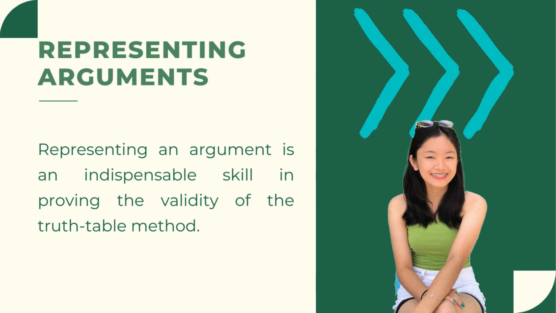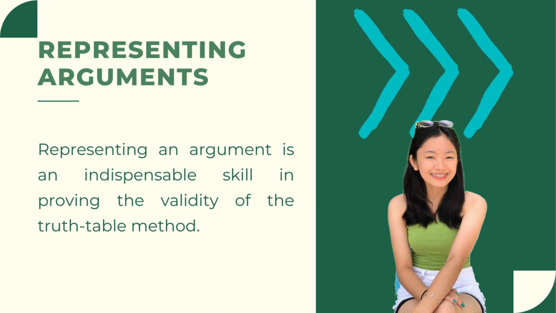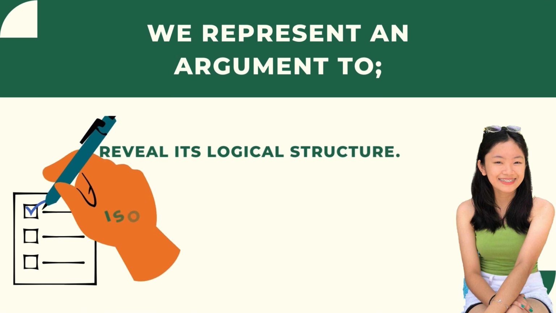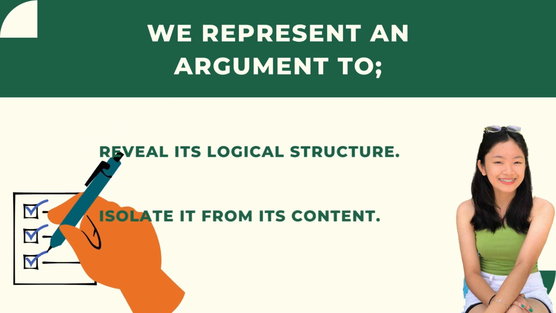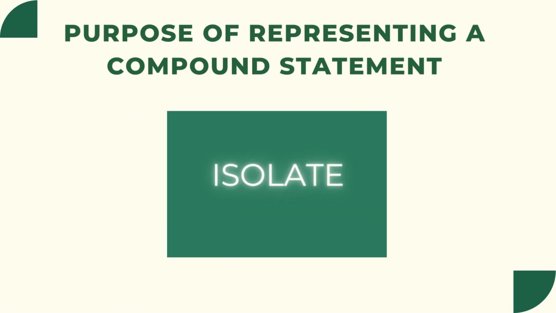Representing arguments is an indispensable skill in proving validity using the truth table method. We represent an argument to, first, reveal its logical structure, and second, to isolate it from its content. To isolate the logical structure from the content of the statement is the purpose of representing a compound statement.